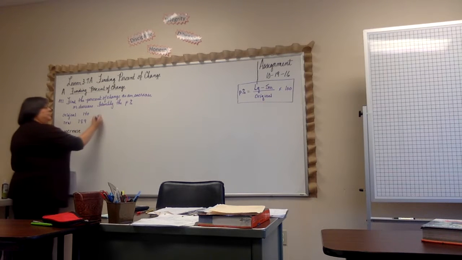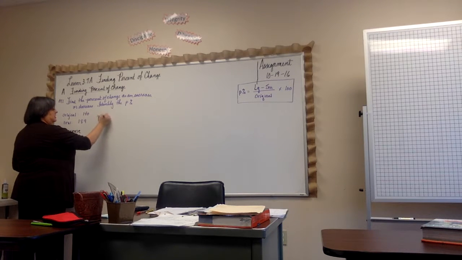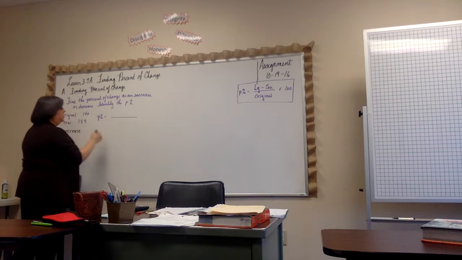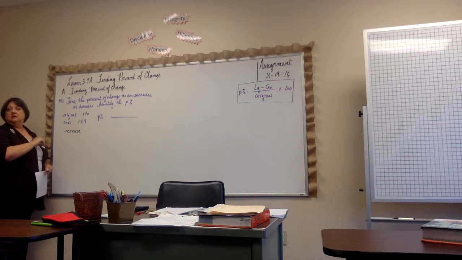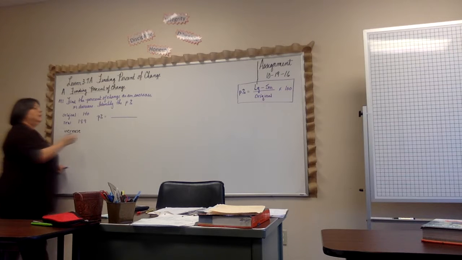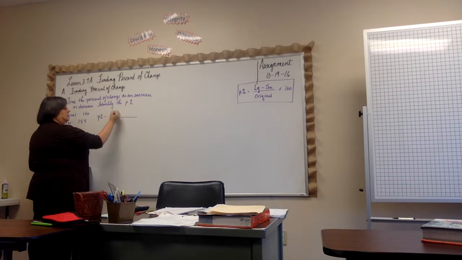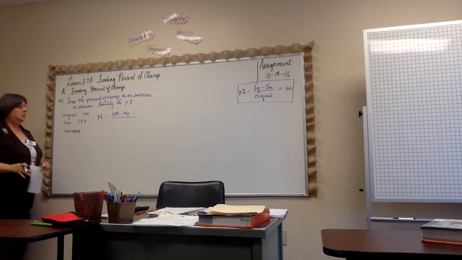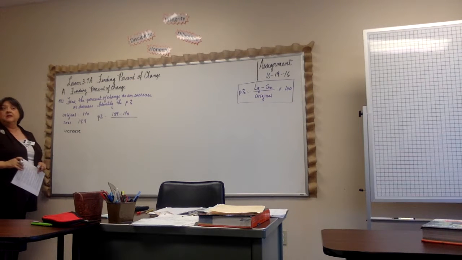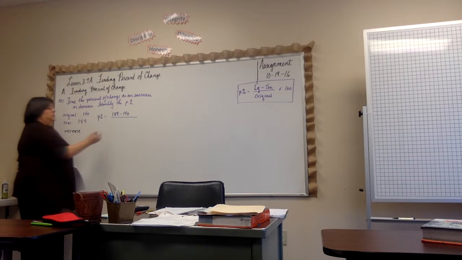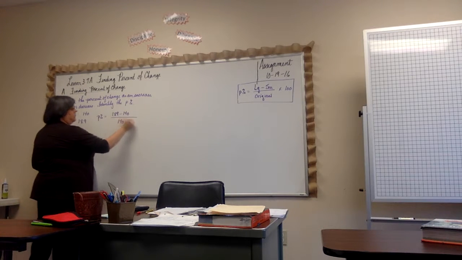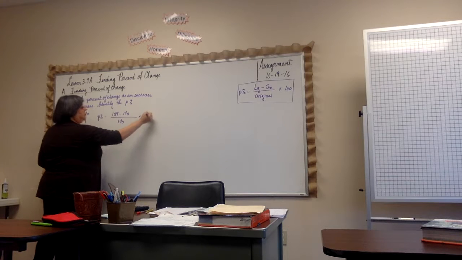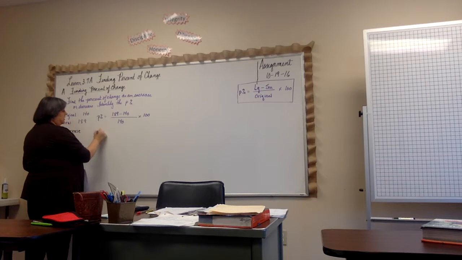But to find the p%, you subtract the two numbers and you take the large one minus the small, so that would be 189 minus 140, over the original one, which would be 140, and then you multiply by 100.